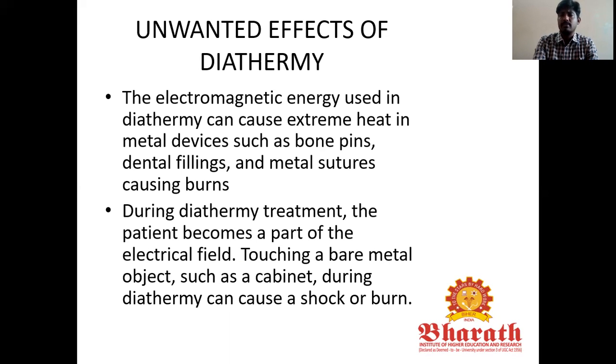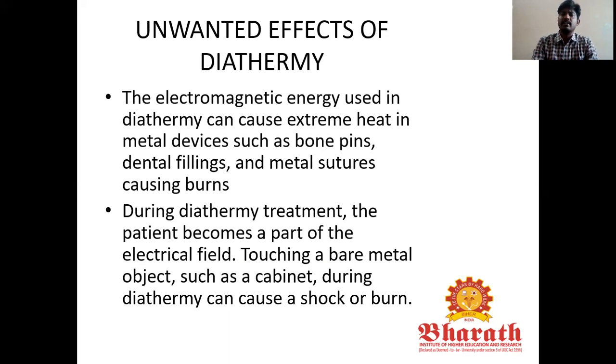These are the common waves. Each has special uses. The electromagnetic energy used in diathermy can cause extreme heat in metal devices such as bone pins, dental fillings, and metal structures, causing burns. So this is one of the major drawbacks.